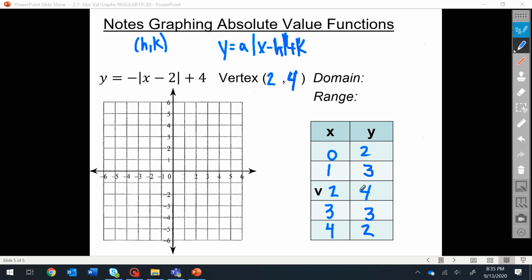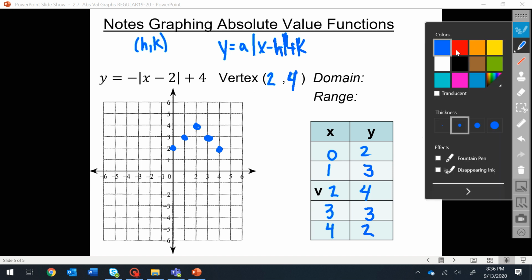So what I'm going to do is I'm going to graph these. So 0, 2, I will graph first. Just going to graph these in order, and I should get an absolute value function: 0, 2, and then 1, 3, and then 2, 4, and then 3, 3, and then 4, 2.